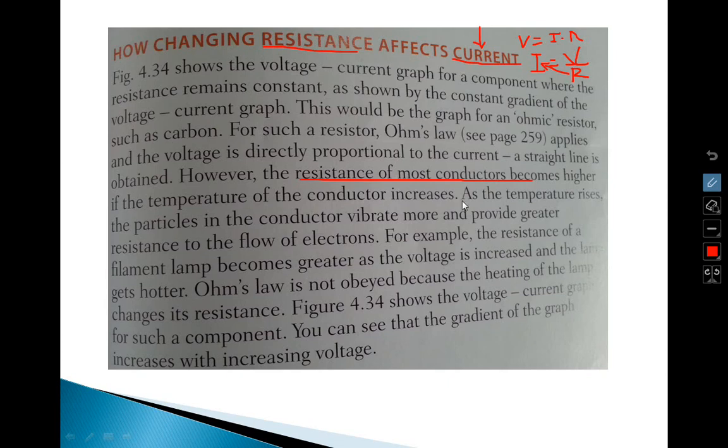So as we said, there's a strong relation between changing resistance and the value of I. The value of R always affects the value of I. Also, the value of V has some effect on I.